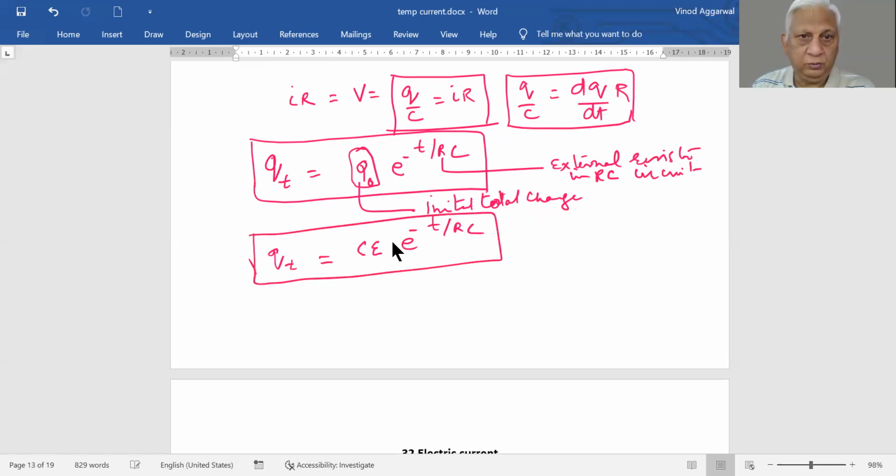This is only if we knew that the charging was fully done through an external voltage source of this value. Otherwise, we have to know the initial charge irrespective of how it was charged.